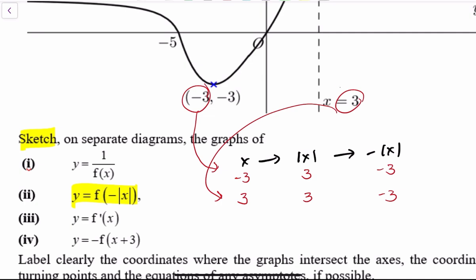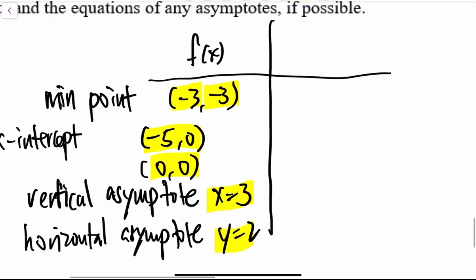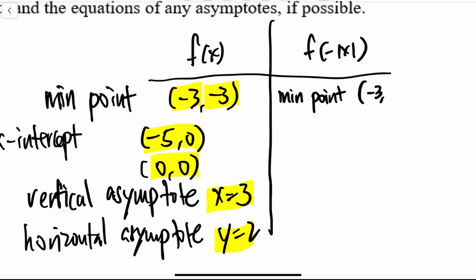After the transformation, the graph does not retain the value it had when x is equal to 3. In fact, the function will take the value at -3. If my original value is 3, it will take -3 because of the transformation. So in other words, what will happen to my graph? If I look at f(-|x|), the minimum point is still going to stay as a minimum point, (-3, -3).